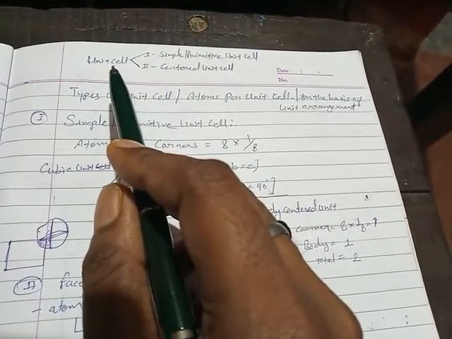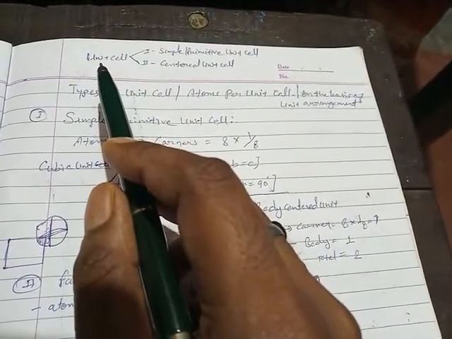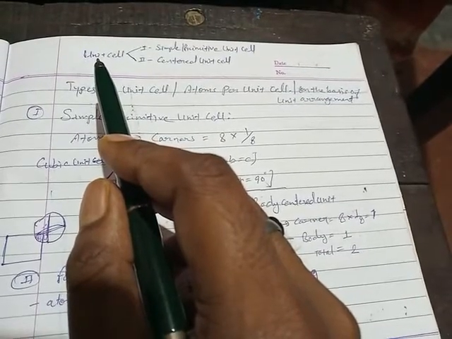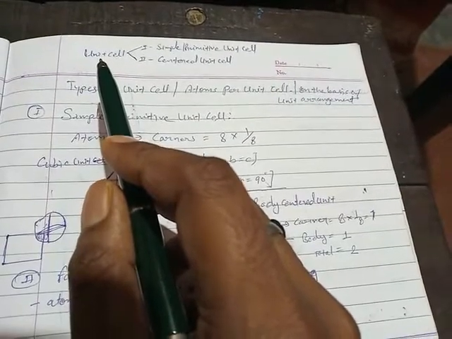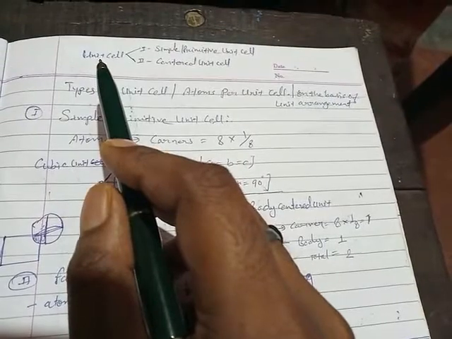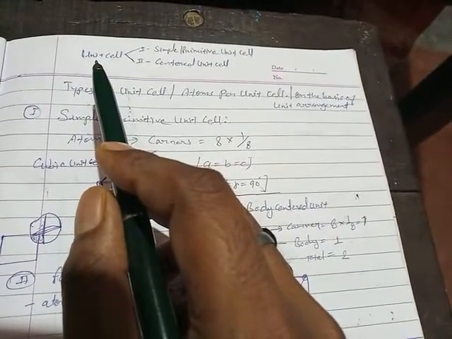Unit cell, in general we can say, is the cube-like structure which repeats again and again and generates a crystal lattice type structure in large form in space.